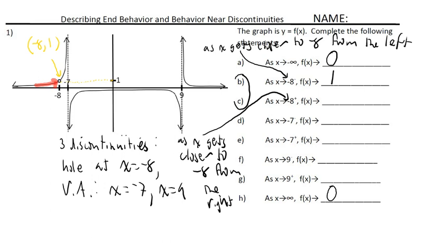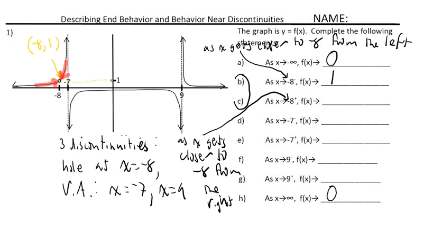All right. Answer B is saying, as I get closer and closer to that x value from the left, I'm getting closer and closer to a y value of 1. Question C is saying, as I get closer to an x value of -8 from the right, y is getting closer and closer to 1. In other words, I'm squeezing in on that point, -8, comma 1, from both sides.